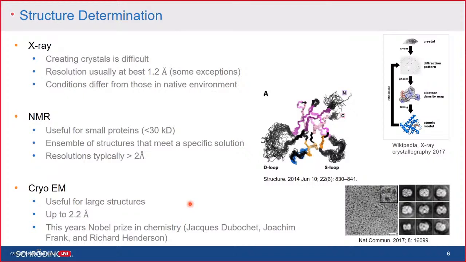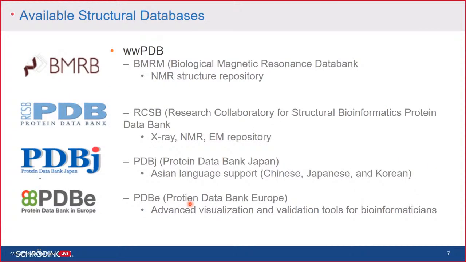There are also many databases, for example the Protein Data Bank, and the Protein Data Bank of Japan and Europe. These are publicly available databases where experimentalists deposit their structures, and you can simply search for your protein of interest and see if it is already solved and the coordinates are available for you to use further.